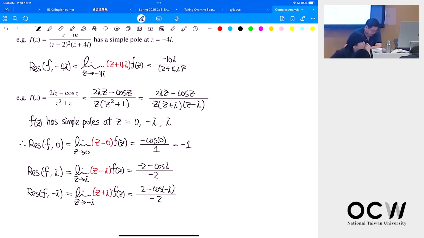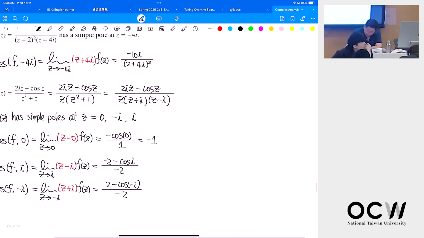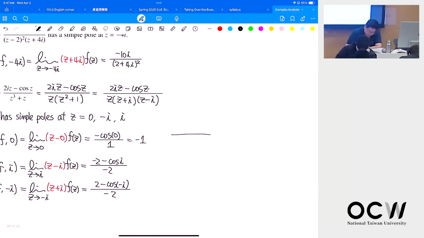Now let's do the circular integration. When we do the circular integration, every time you need to ask yourself, where is the closed curve? In this case, we have three simple poles, 0, i, and minus i.